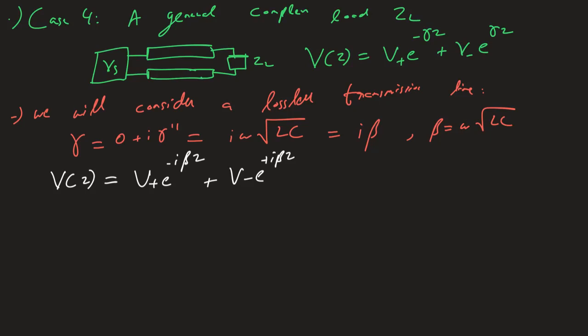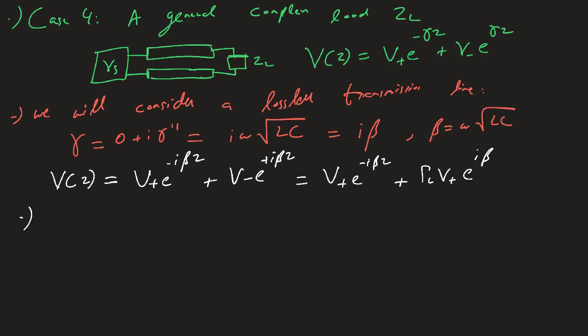So that's V of z, and this becomes equal to V plus e to the minus iota beta z plus, now V minus, of course the amplitude is just gamma L V plus e to the iota beta z, right? And remember that gamma is a complex number in general.